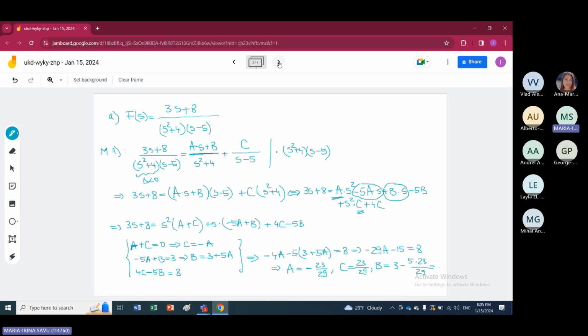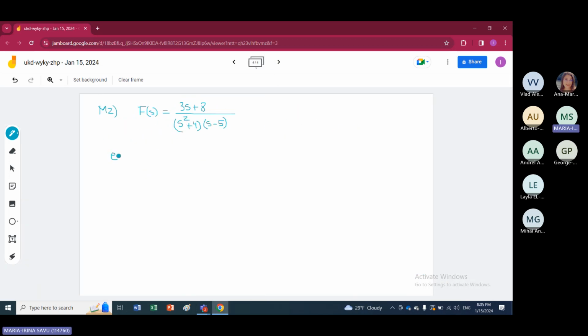So let me write the function e at st times f of s. For simplicity, we'll denote this one by g of s, capital G of s.